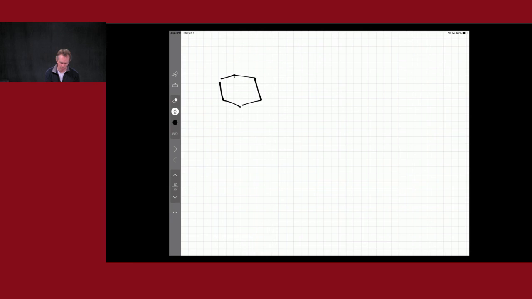Okay, so we're going to have a benzene ring, and I'm going to put on a substituent. I'm going to put on a thiomethyl group, so sulfur. And take a quick peek where sulfur is on the periodic table. You'll see it's right below oxygen.